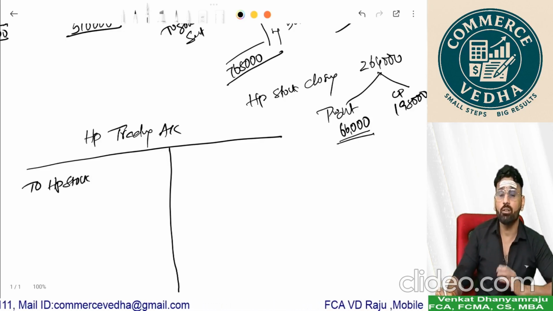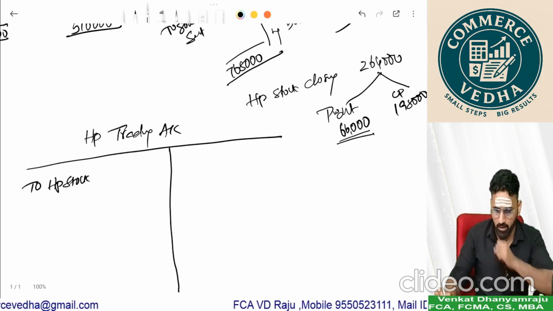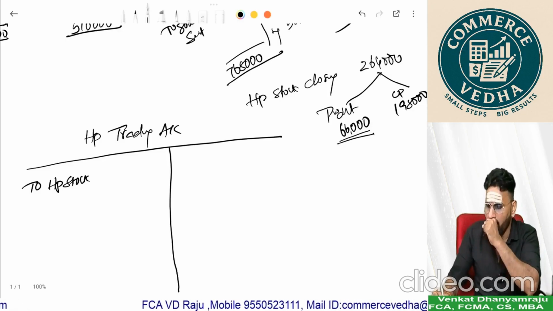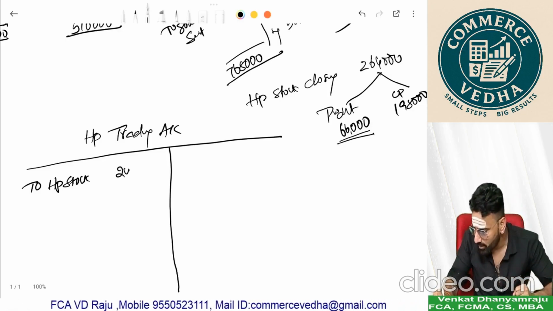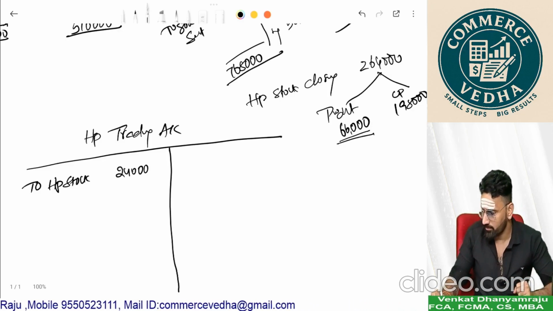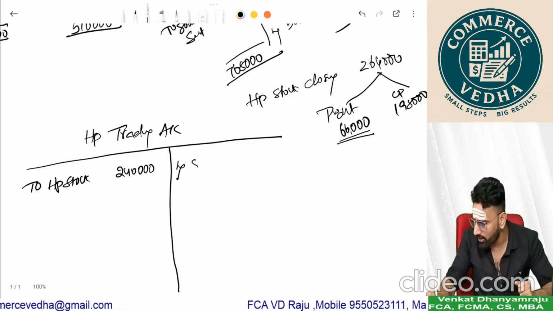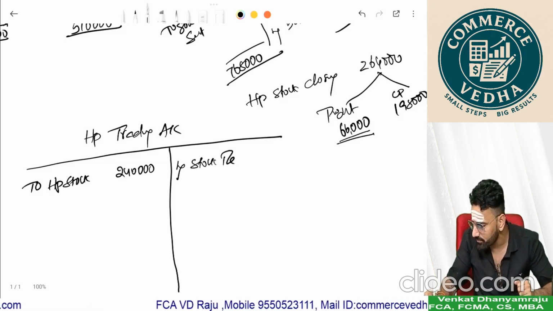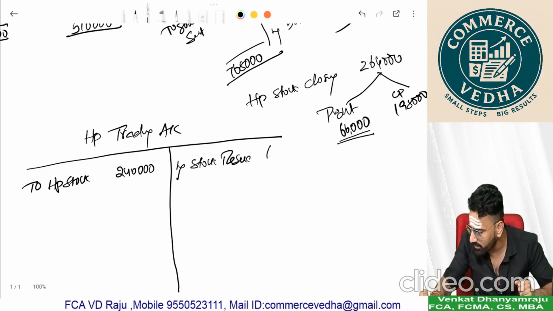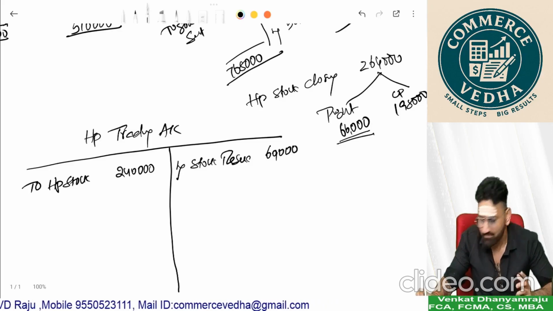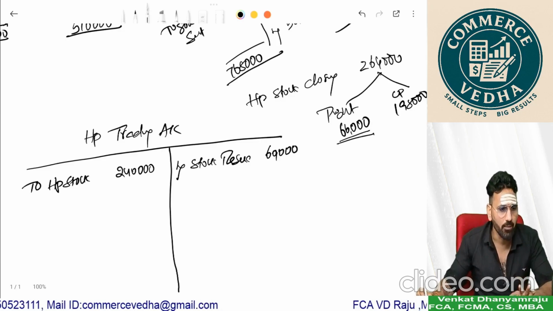You should know this is always at hire purchase price, 2,40,000. And by a reversal of loading, called stock reserve, we prepared this 60,000, which is nothing but 1/4 of the purchase price.